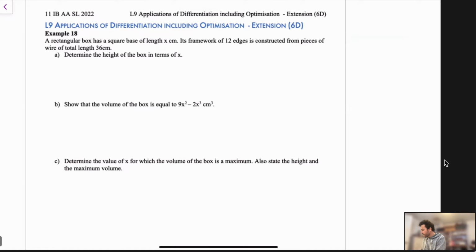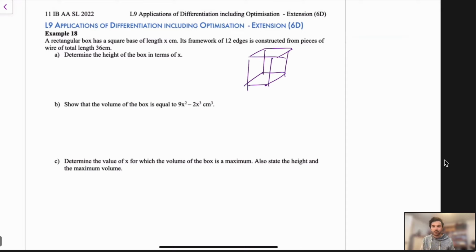So let's get cracking. First question, a rectangular box has a square base of length x. Its framework of 12 edges is constructed from pieces of wire of total length of 36 centimeters. Determine the height of the box in terms of x. So what I'd do here is probably want to start off by drawing this shape.